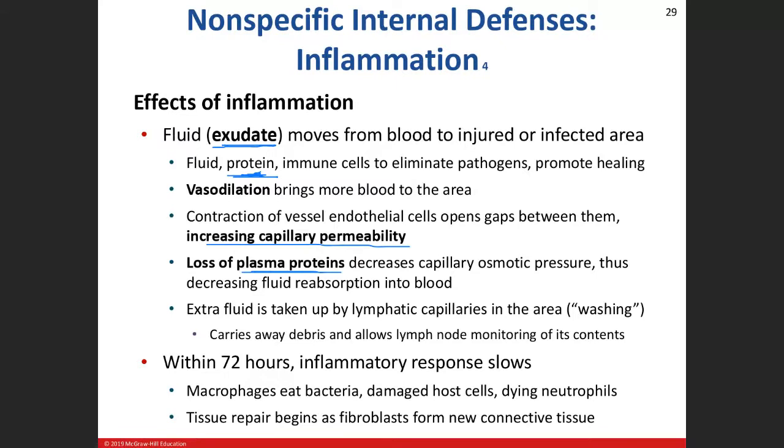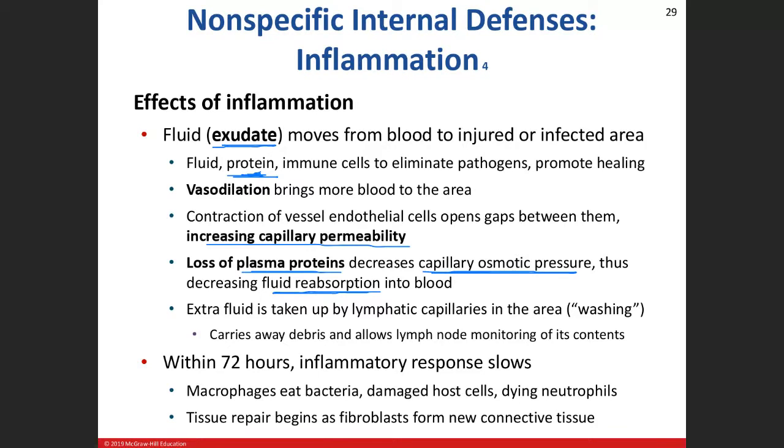It has less pull. So therefore, it's not going to be able to reabsorb as much fluid. So that fluid stays in the tissue because we've decreased the capillary osmotic pressure, thereby decreasing fluid reabsorption into the blood. Oh man, that sucks.